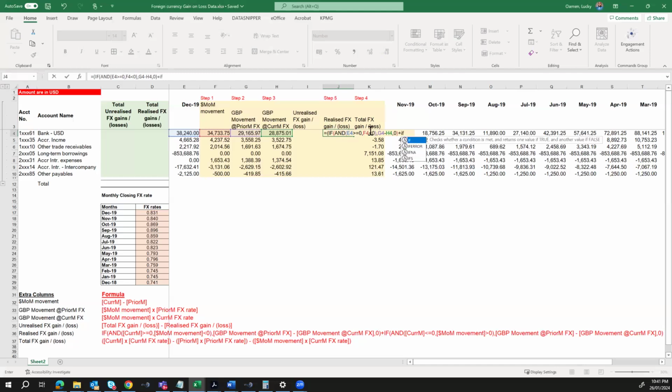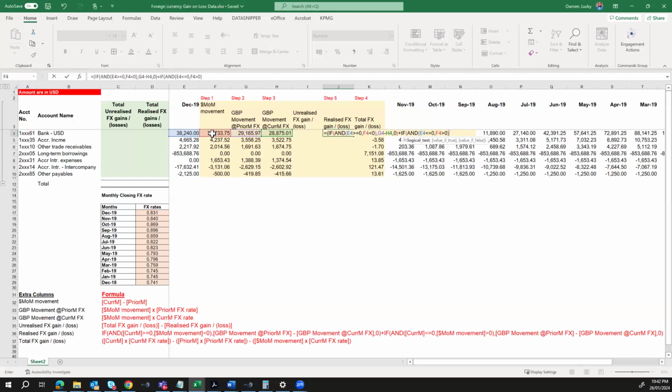Again, we enter the IF function, and we create another logical argument that says if the same balance in column E is less than or equal to 0, that is a negative balance, which is a liability, and the movement in dollar terms, which is in column F, is positive, by saying it's greater than 0.